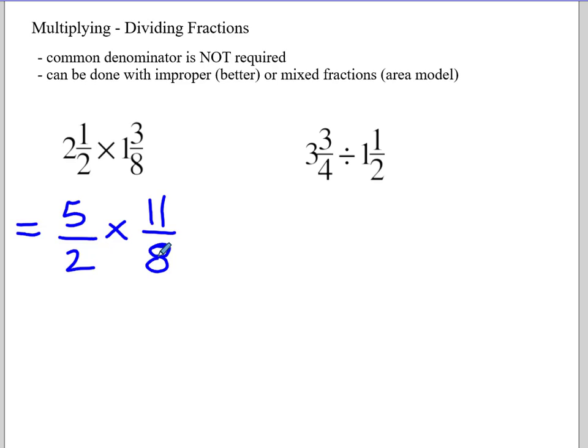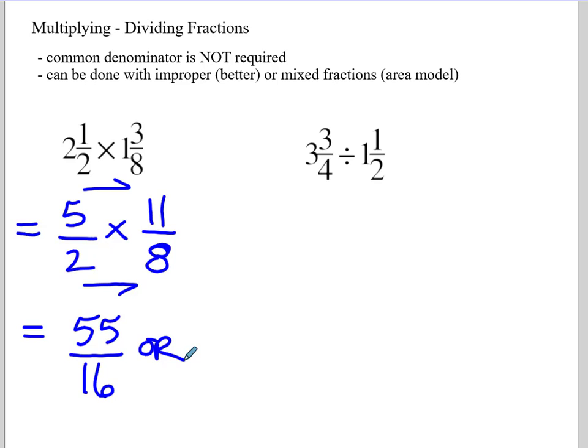So I have 5 over 2, which is the same as 2.5, and 1 3/8 is the same as 11/8. Once I'm in that format, I can multiply across top and bottom, and I get 55 sixteenths. If I want to reduce that to a mixed fraction, 1, 2, 3 groups of 16 is 48, and that leaves me with 7 sixteenths behind.